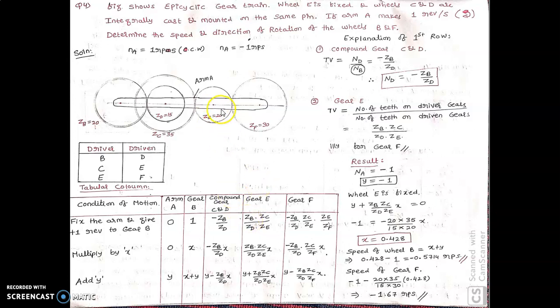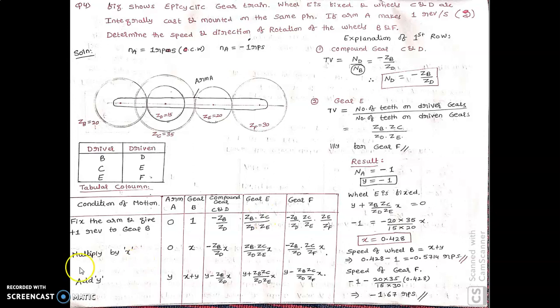Now compare the relation between B and the last gear F. If this is anti-clockwise, it will rotate clockwise. Hence they are rotating in the opposite direction, hence it is a minus sign. That is what you need to understand. If you understand the first row, you can easily proceed up to the result.